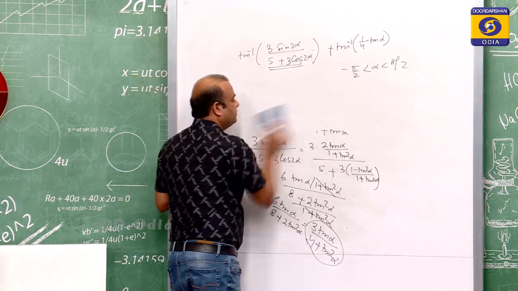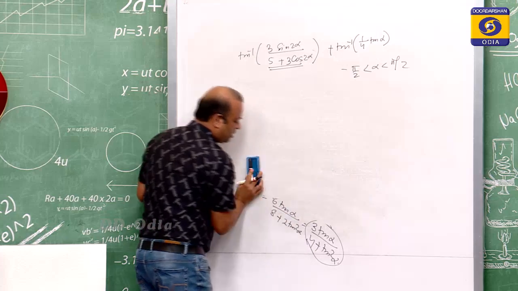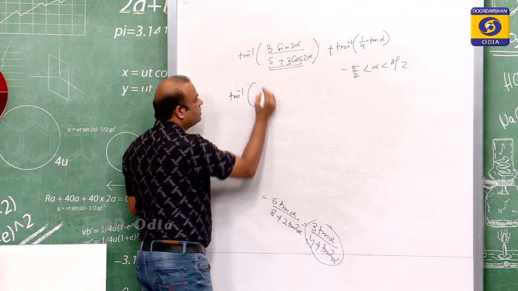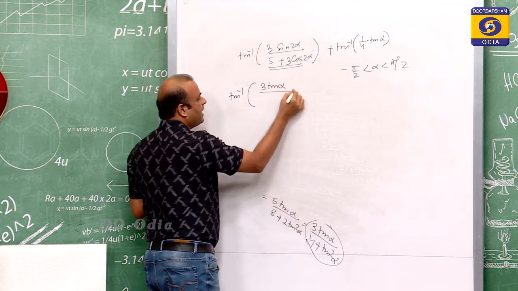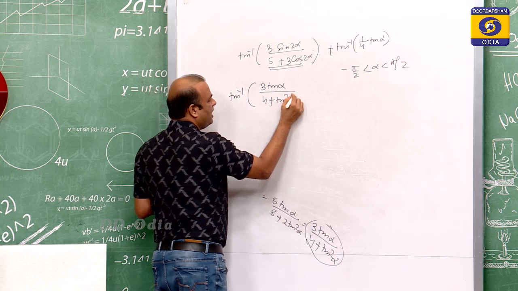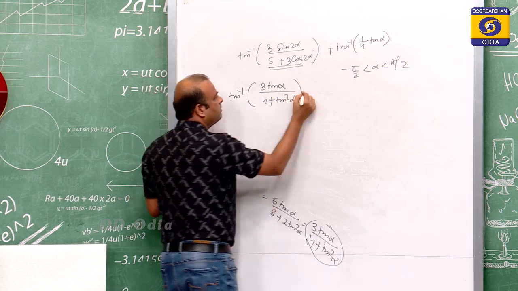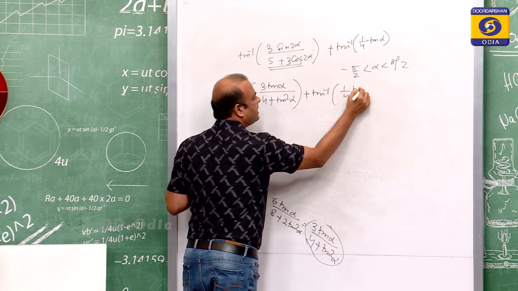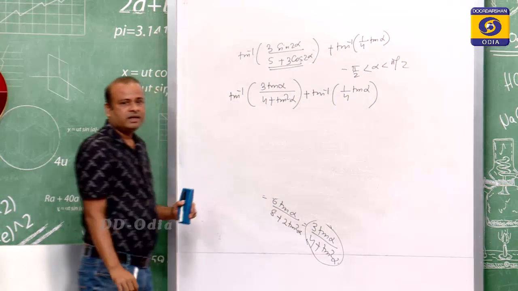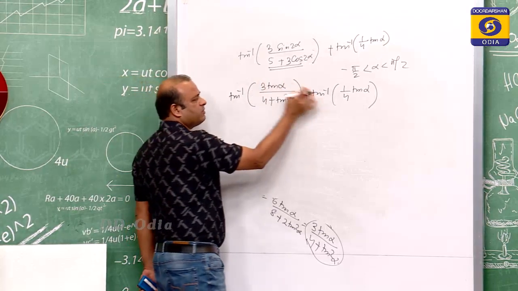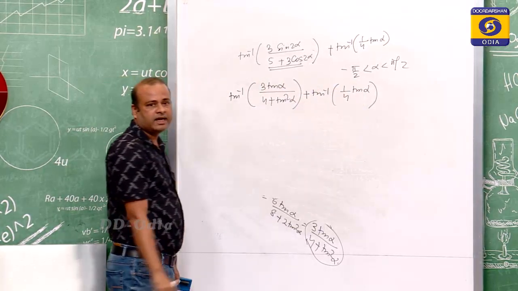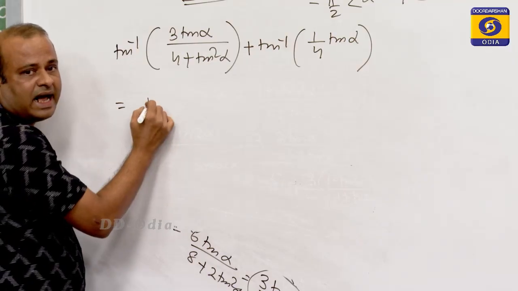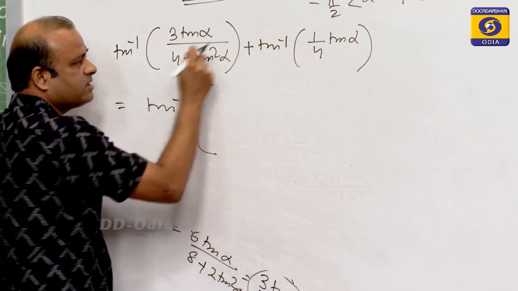Now put the value here. So tan inverse 3 tan alpha by 4 plus tan square alpha, plus tan inverse 1 by 4 tan alpha. Now use the formula tan inverse x plus tan inverse y equals tan inverse of x plus y by 1 minus x into y.